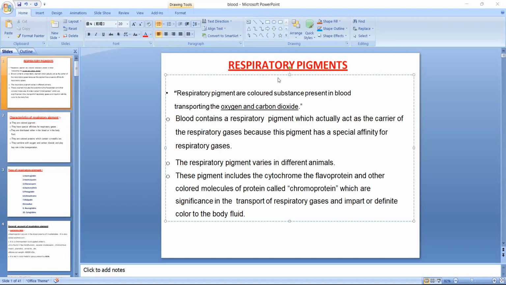Porphyrin is a part of the hemoglobin. There are 4 porphyrins present in hemoglobin. Each porphyrin contains an iron atom, so that gives color. Porphyrin is the iron containing heterocyclic organic compound that is present in each polypeptide chain of the globin protein.